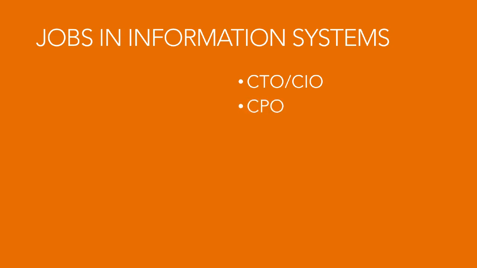Next is the CPO. This one's fairly new, but this is a Chief Privacy Officer. This comes out of the recent failures over the past couple years of organizations to keep their information private. Hackers are beating them, so now they're putting one person, kind of a czar of privacy, in these organizations to make sure that they're keeping their information safe.